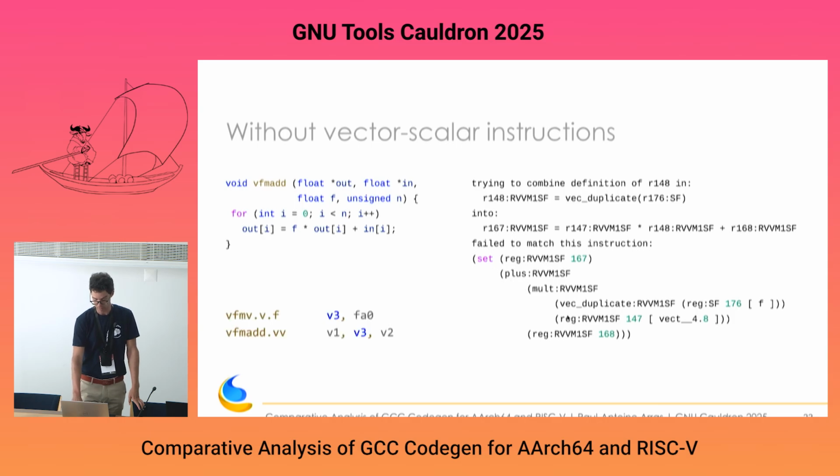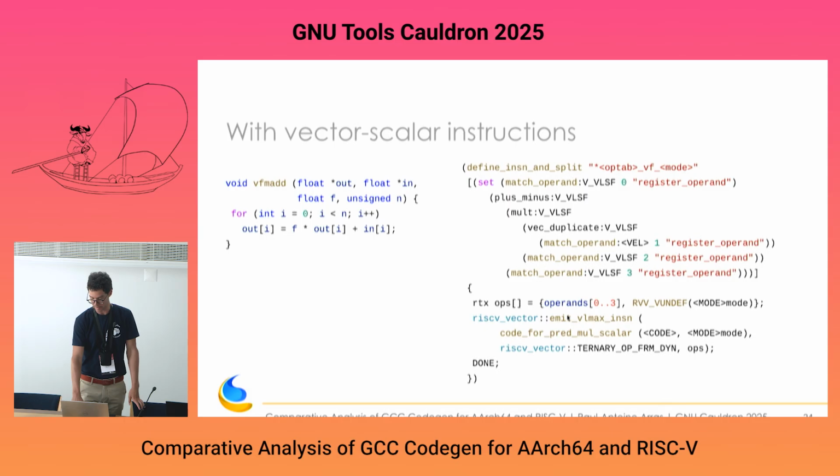So I created a set of new patterns. First I created a pattern for VFMADD, and then I did the same for the others. It's basically what you see on the screen here. It's just plus minus with the mult, vec duplicate, and then you just get the VL.